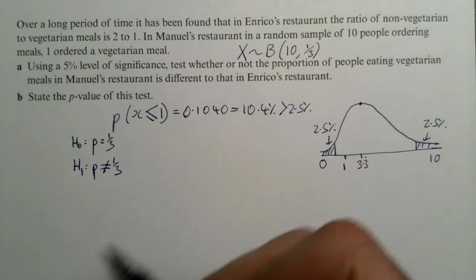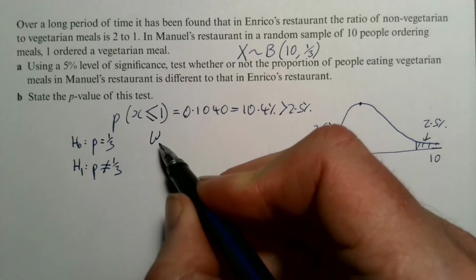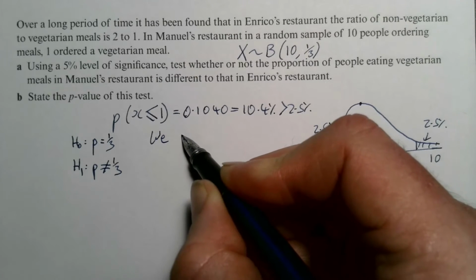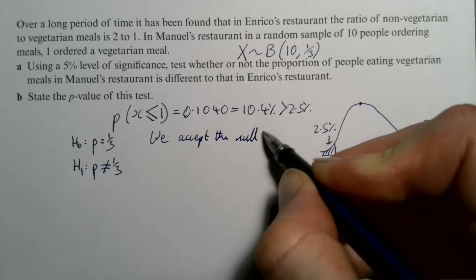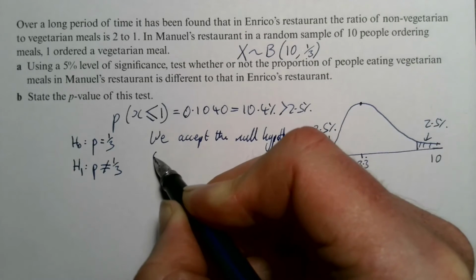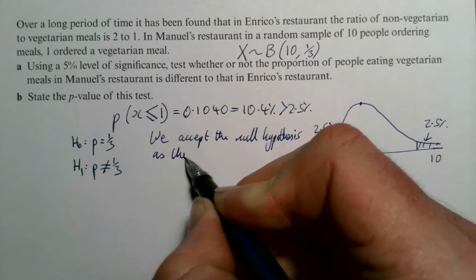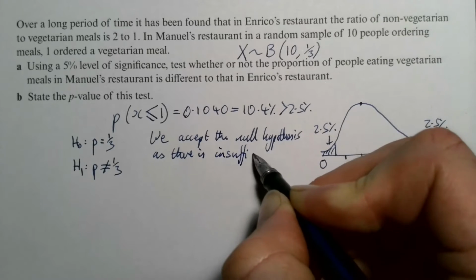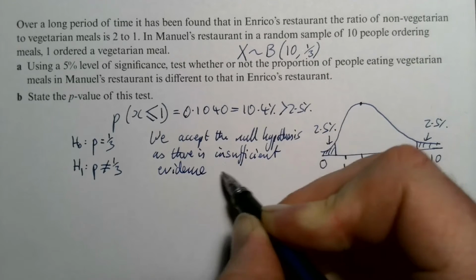And then I've got that, so then I need to say that we don't reject it, we accept the null hypothesis as there is insufficient evidence to suggest a change.